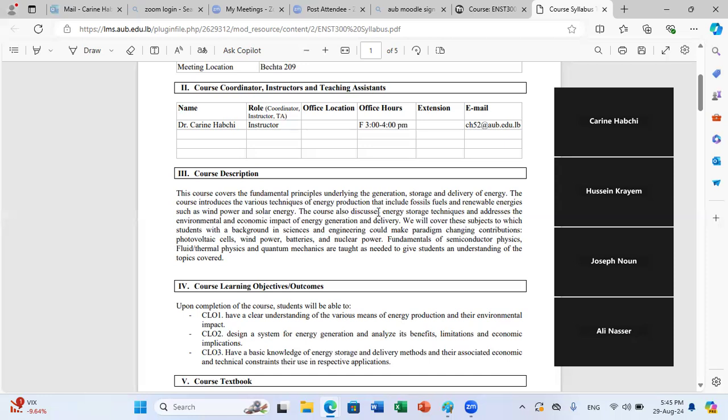This course will also introduce you to the various techniques of energy production, including fossil fuels and renewable energy, and will focus on wind power, solar power, and hydropower. As we said, we will also discuss different energy storage techniques, and we will address the environmental and economic impact of energy generation and delivery.